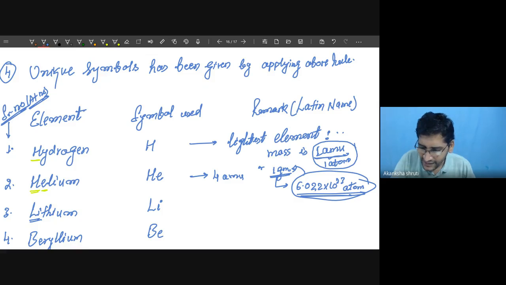1 AMU means for 1 atom the mass is 1 AMU. But if you are taking 6.022 into 10 to the power 23 atoms, then its mass will be in gram. Similarly, if you are considering helium, then the mass of 1 atom of helium will be 4 AMU.